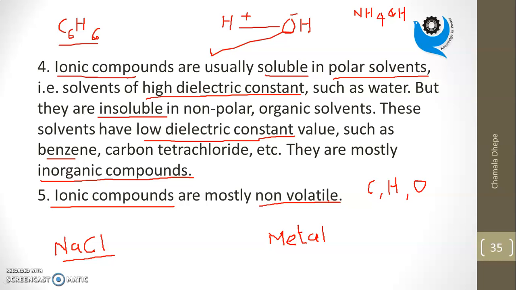Next, ionic compounds are soluble in polar solvents, while insoluble in non-polar solvents. And lastly, but not least, ionic compounds are mostly non-volatile. Okay, so these are the five properties of the electrovalent compound.